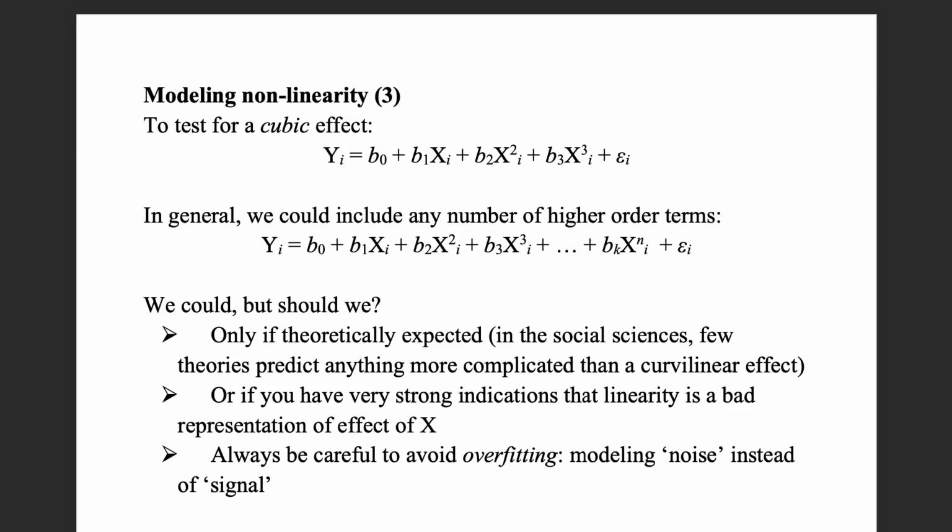At some point you run the risk of modeling the noise instead of the signal you're getting from your data, picking up on the idiosyncrasies of your sample data set. Then you might have a super complicated model that you fitted to your sample data, but that model would not work well in the population, because you're just picking up on all the noise in that specific sample.